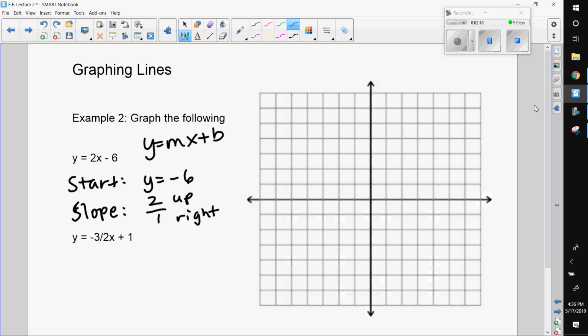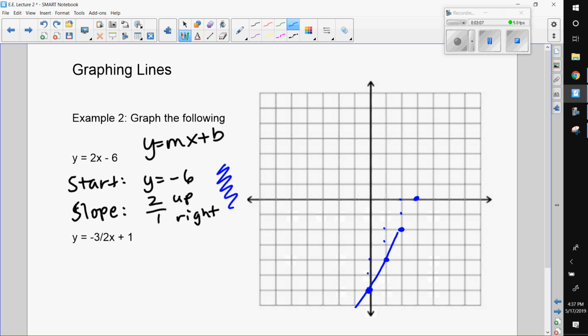I'm going to do this one in blue. I'm starting at negative 6. 1, 2, 3, 4, 5, 6. I start down here, negative 6. I can put a dot there. And I'm going to go up 2 and to the right 1.